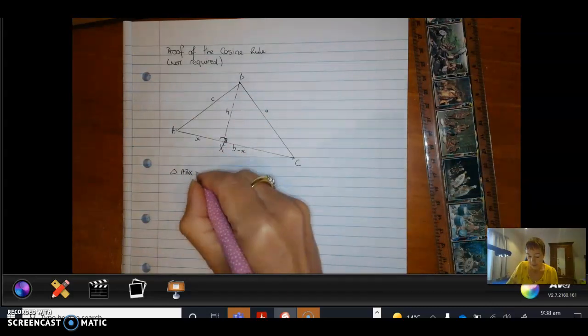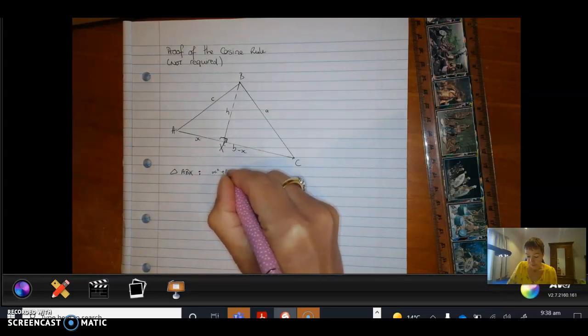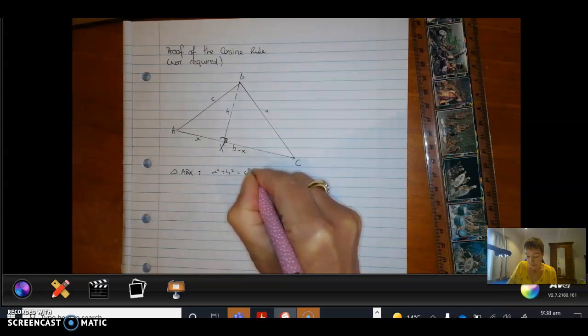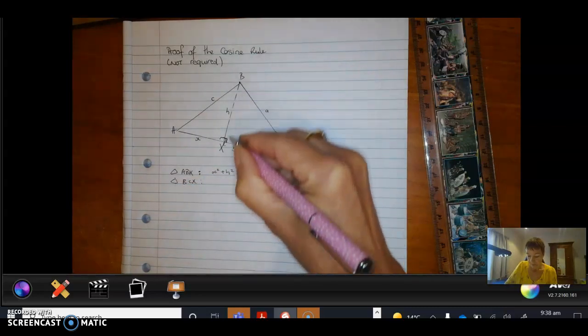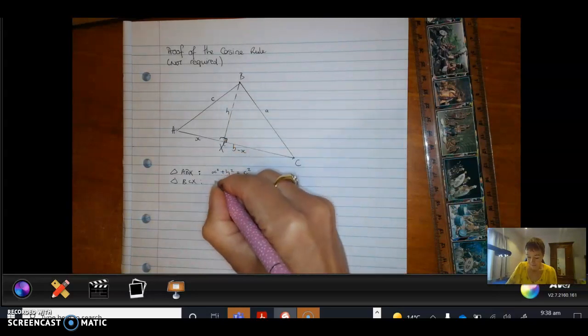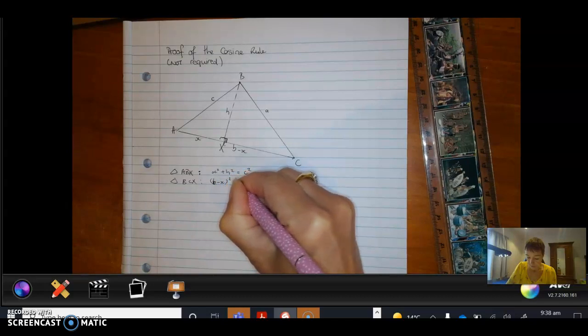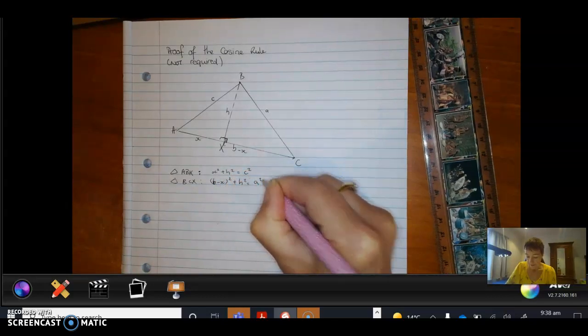So in ABX, I would have x squared plus h squared equals c squared. And in triangle BCX, this triangle over here, I would have b minus x all squared plus h squared equals a squared.